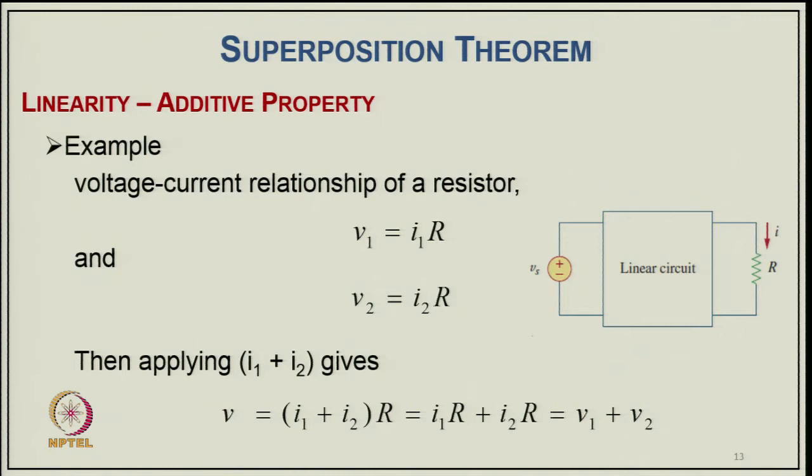Now, as an example of the additive property, consider the voltage-current relationship of a resistor.